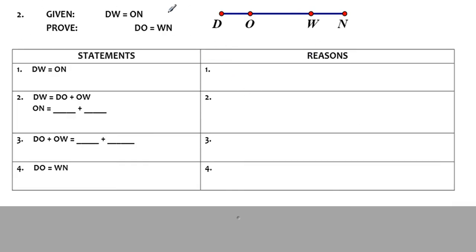Okay, for the next one, we have DW, and I'm just going to mark DW here is congruent to ON. So those are congruent. And we're trying to prove that DO is equal to WN, or equal, sorry, not congruent. So DW equals ON, that's always our given.